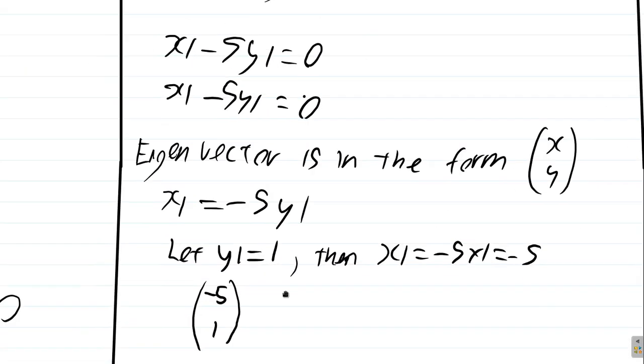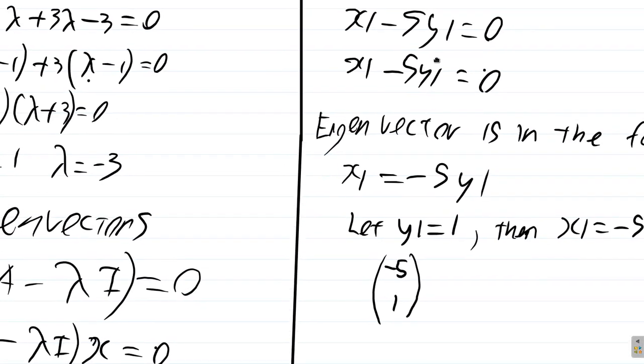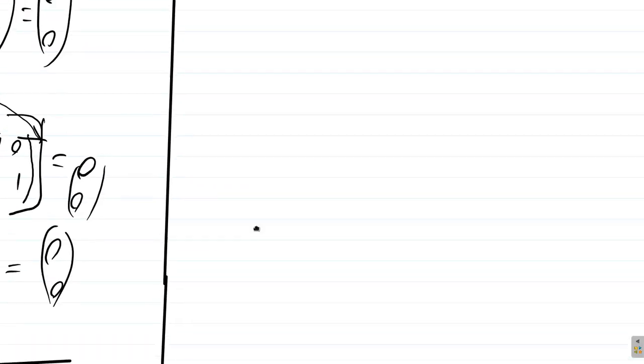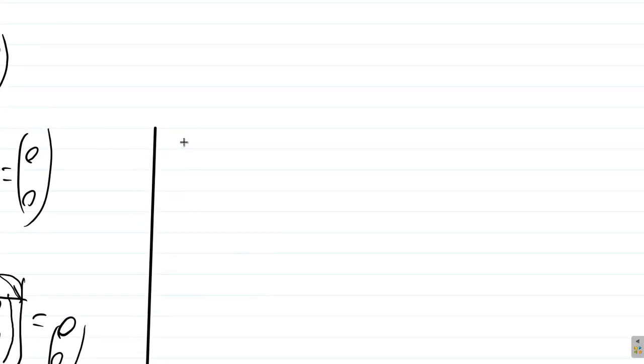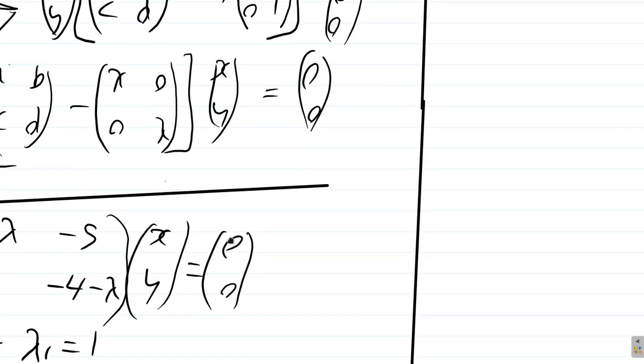So now lambda 2 is negative 3. We call that lambda 1, call this lambda 2. For lambda 2 equal negative 3, the negative 3 is lambda 2.